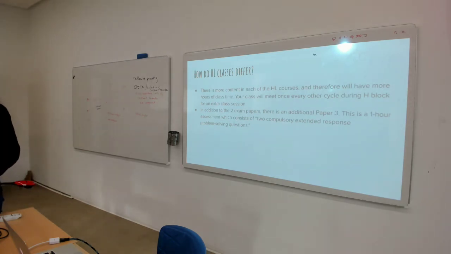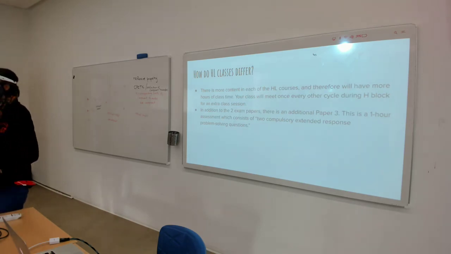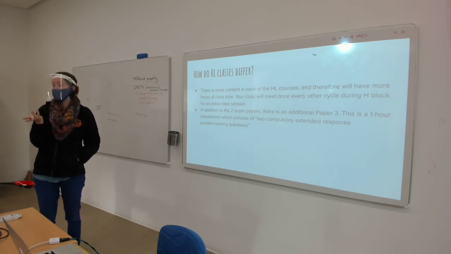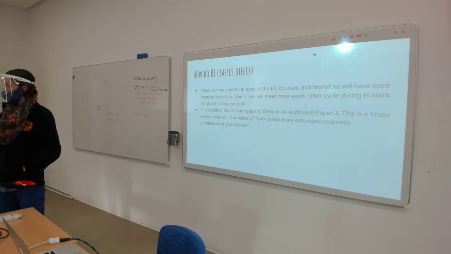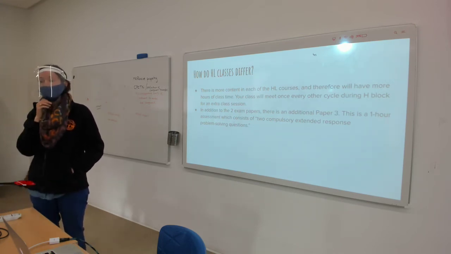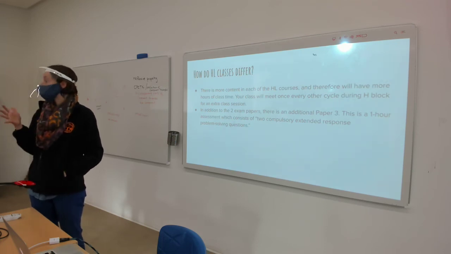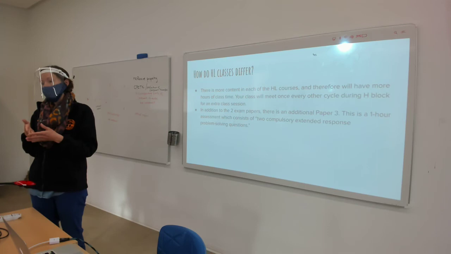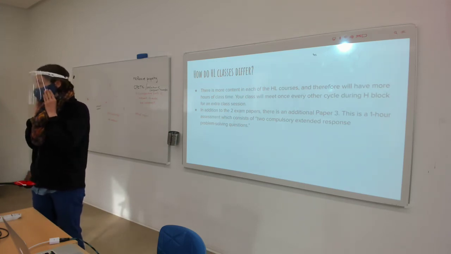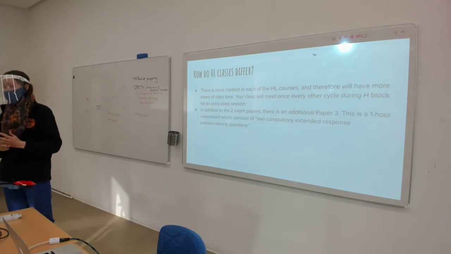So once every other cycle, the HL classes meet for an extra session. Every other cycle is either cycle 1 or cycle 2. And once every other cycle, you would have an extra class session during H block with each of your HL classes. If you're doing the SL version of that class and the classes are taught together, that would be a prep period for you. If you were doing the HL version of the class, you would have an extra class meeting time.